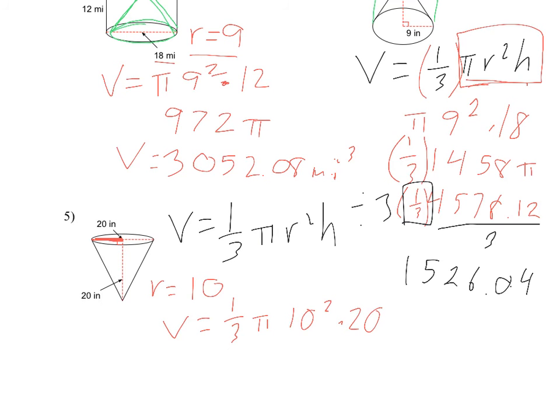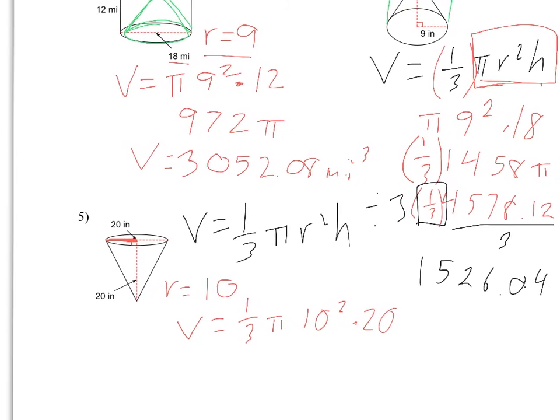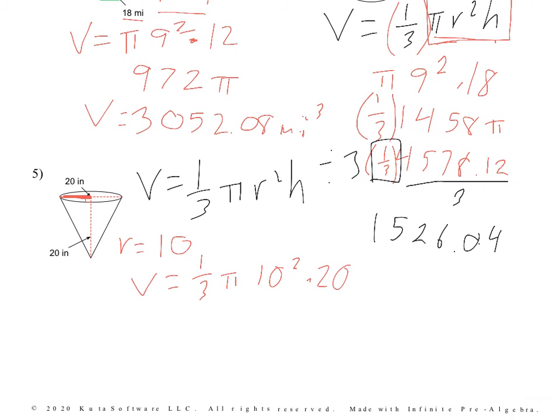Okay, and again, I'm going to do this in parts. I'm going to start with these things here, and then I'll times by pi, and then I'll divide by 3 in that order. So 10 squared is 100 times 20 is 2,000. And then we'll times by pi, or times by 3.14. And then at the end we'll divide by 3.